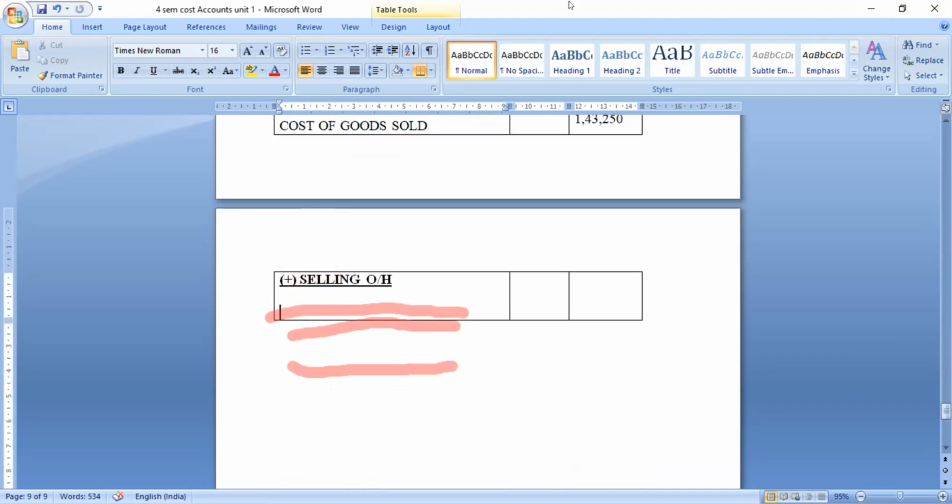So selling overheads. Now let us go for this and draw this. Under selling overheads, as I told, first there is carriage outwards. Let us see how much carriage outwards there is.